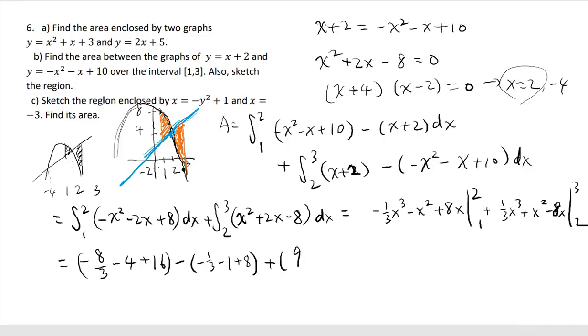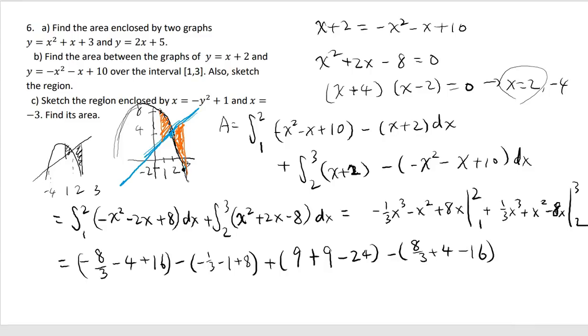When you put 3 squared, that will also be 9, minus when you put 3 times 8 is 24. Minus, and you have to plug in 2, so it's 8 over 3 plus 2 squared, which is 4, and minus 16.